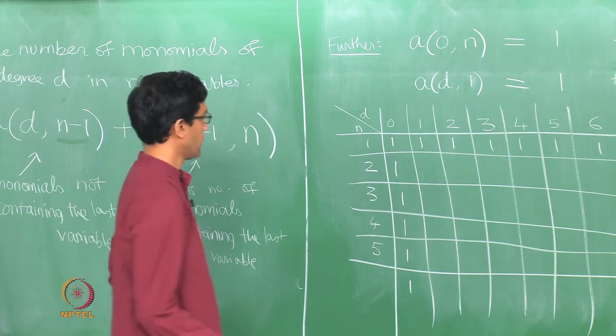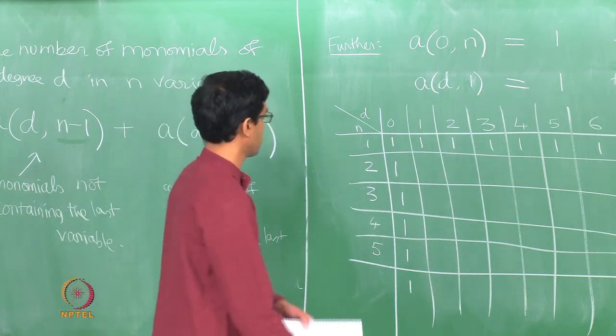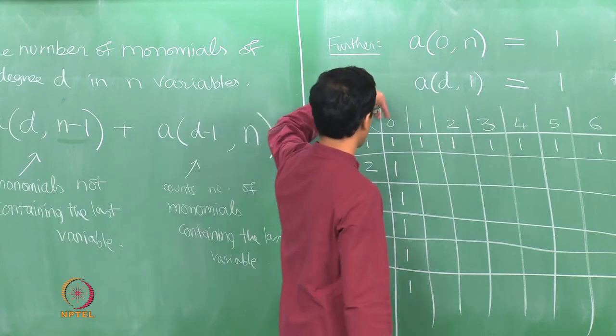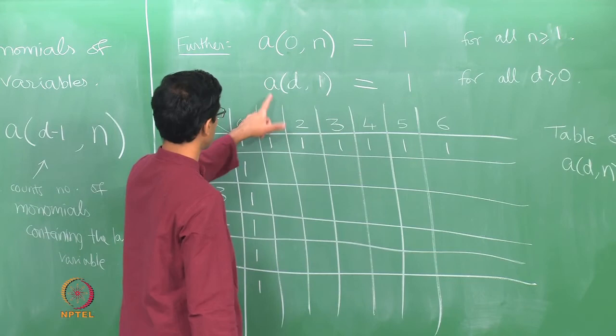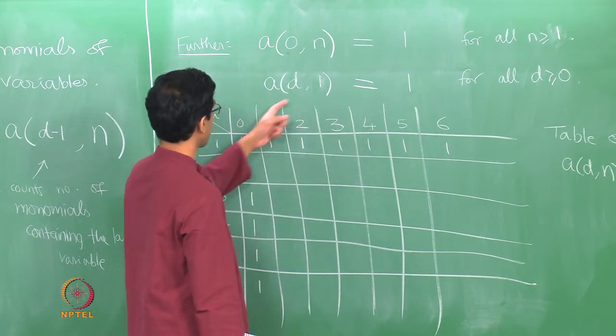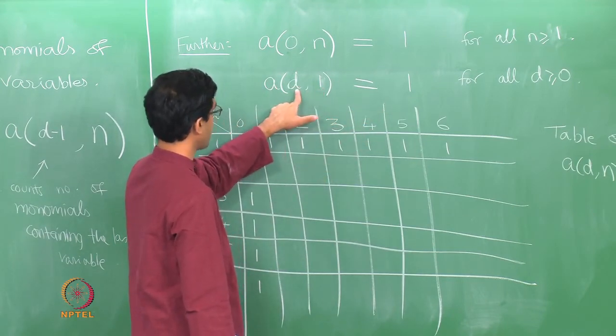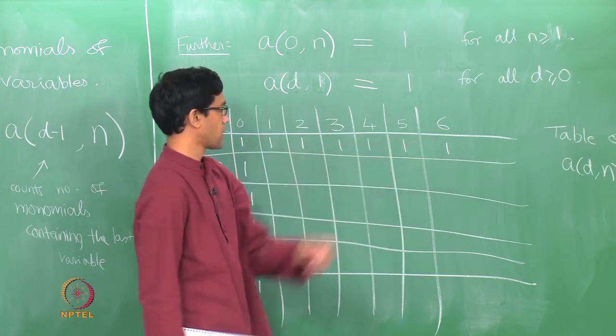If you plug in d equal to 0 and take any value of n, it's all 1s, and this condition says that if you plug in n equals 1 and then take any value of d, the values are again 1.